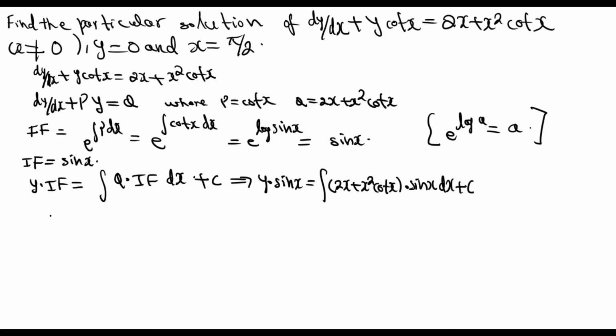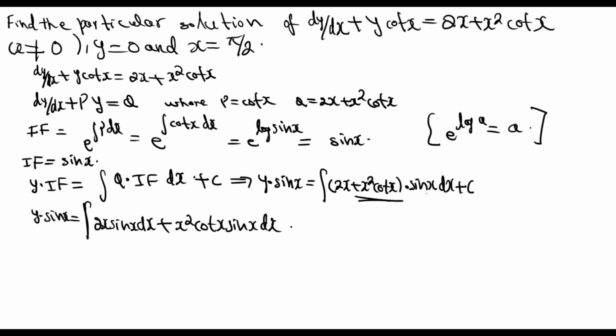Now simplify this one. You will get y into sin x is equal to integration of, multiplying sin x here, 2x into sin x into dx, plus x square into cot x into sin x into dx, plus c.